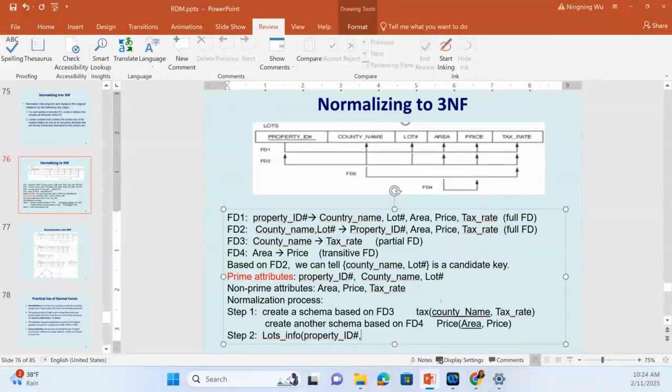We first cross out attributes from the original schema, like the tax rate, because tax rate is in the tax table. So pretty much we cross out attributes that appear on the right side of a partial or transitive functional dependency.